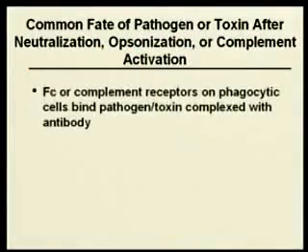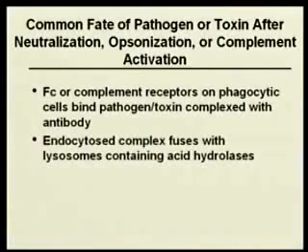And that's shown here. Basically, Fc or complement receptors on the phagocytic cells bind to the pathogen or toxin complex with the antibody. They become endocytosed and chewed up by the lysosomes.